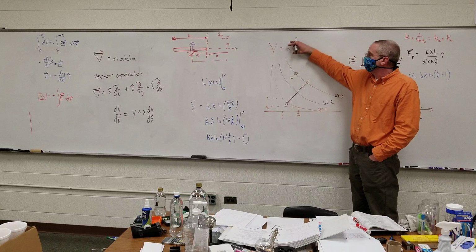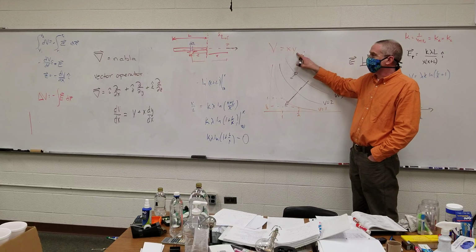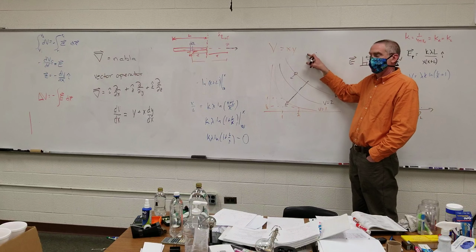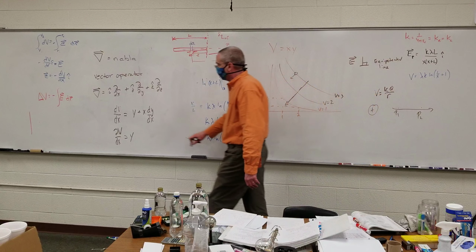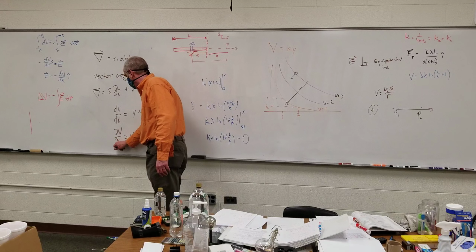You take the derivative of the first one times the second one with respect to x, plus the derivative of the second one times the first one, using the product rule. That's straight up derivatives, the Calc 1 stuff. Partial derivatives is you assume that anything that is not the differential in the denominator, in this case anything that's not x, you assume is a constant. So that's just equal to y. Oh, bad notation there. That should be a del on the bottom.